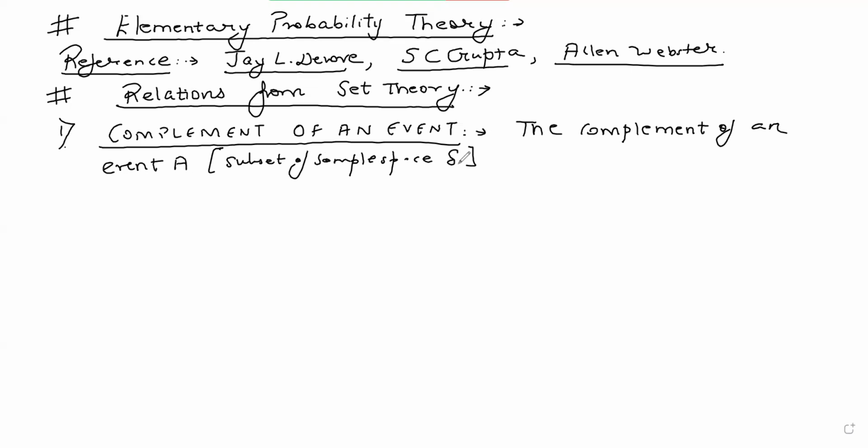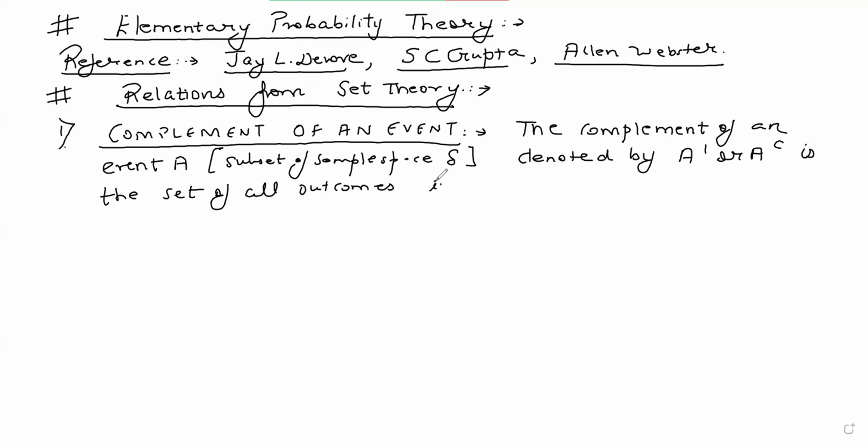The complement of an event A, denoted by A dash or A complement, is the set of all the outcomes in the sample space delta that are not contained in A. So when I look at A complement, it will contain all those outcomes which lie in the sample space but which do not lie in A.